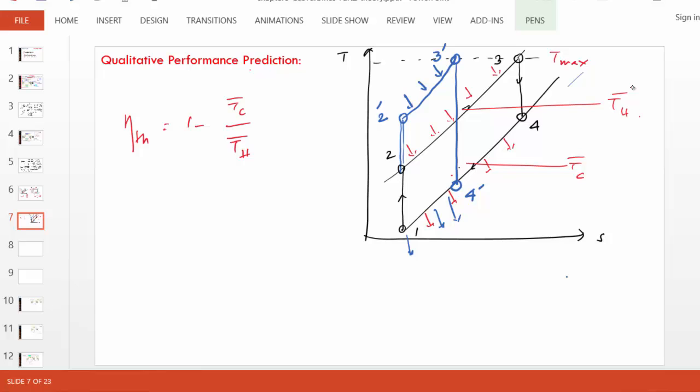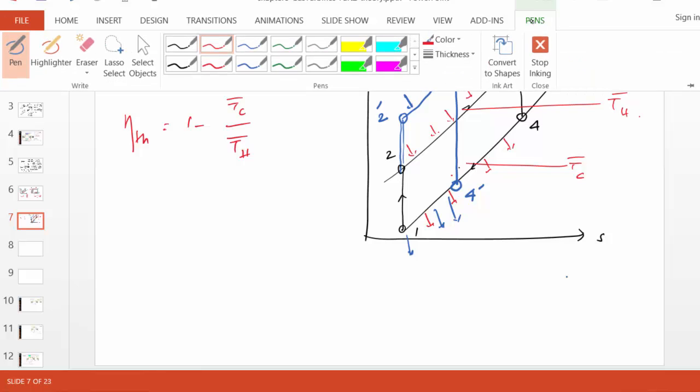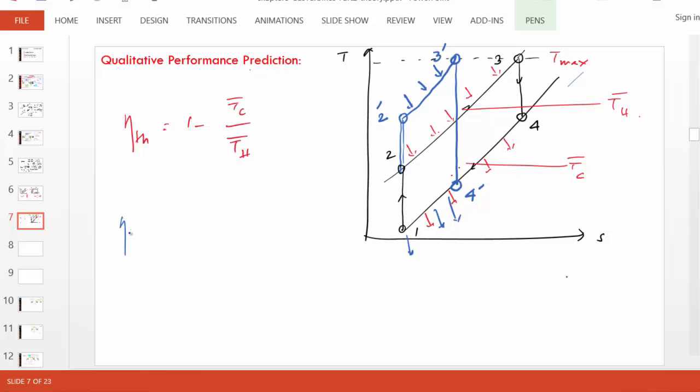Whereas for the blue cycle, this will be where the Th bar is, and, see, heat rejection is from 1 to 4 prime, so the average temperature of heat rejection is somewhere here.